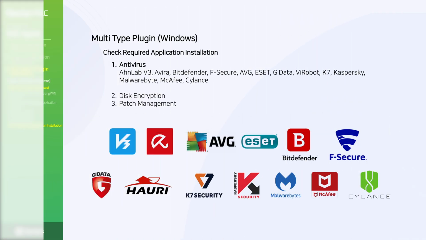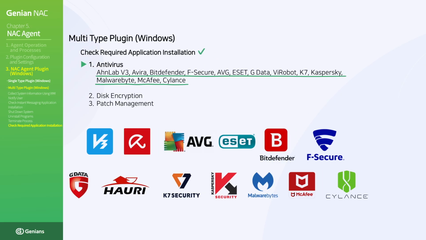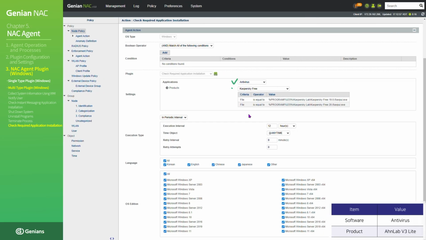The Check Required Application Installation plugin performs a check for the presence of programs defined by the NAC system. Antivirus programs: inspects the installation status of antivirus software from 13 specified vendors. To inspect the installation status of antivirus programs using the Check Required Application Installation node action, the following configurations are required.